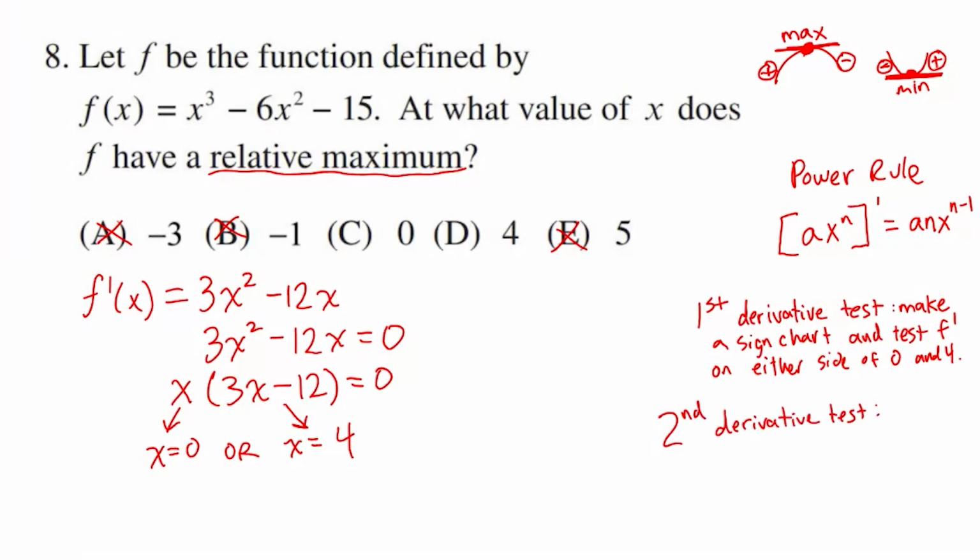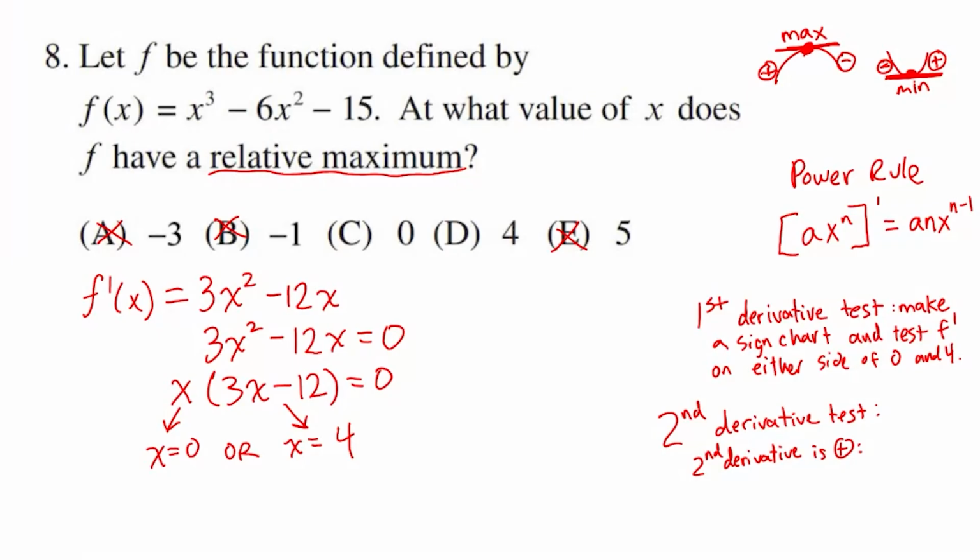For the second derivative test, instead of trying to make a sign chart and plugging in numbers and all that, we are going to find the second derivative, and depending on whether or not the second derivative at that point is positive or negative will tell us whether or not it's a maximum or minimum. So if the second derivative is positive, that means that the function f is concave up.